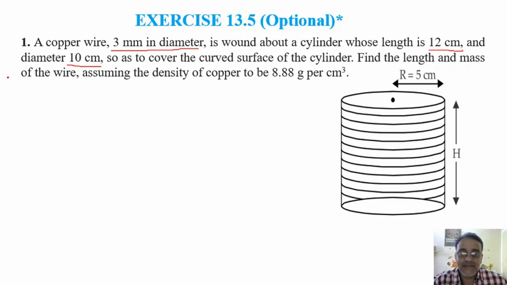Find the length and mass of the wire, assuming the density of copper to be 8.88 gram per centimeter cube. Here the value of pi is not given in the question. So what value will you take? 22/7. It is not mentioned to take pi as per your requirement.